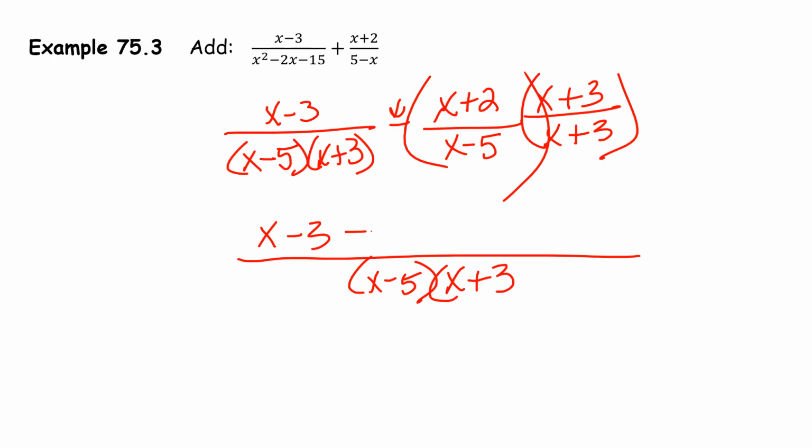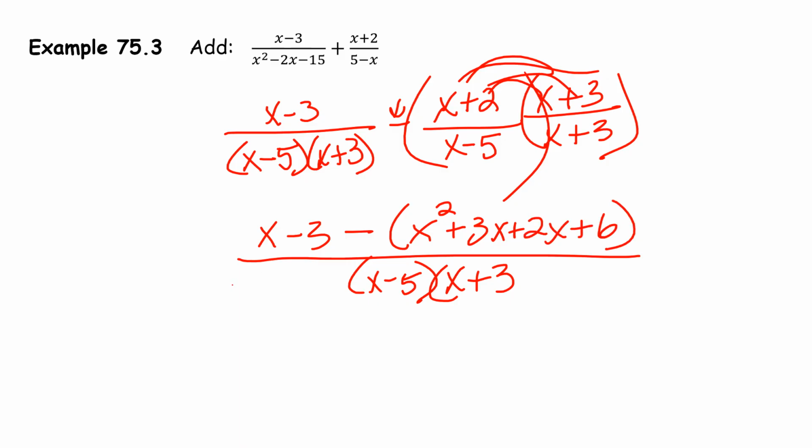So what I'm going to do is go ahead and put that minus sign, and then I'm just going to do all this multiplication right here before I distribute that minus sign. So I'll have x squared plus 3x plus 2x plus 6. And so then I will have to add all that up.